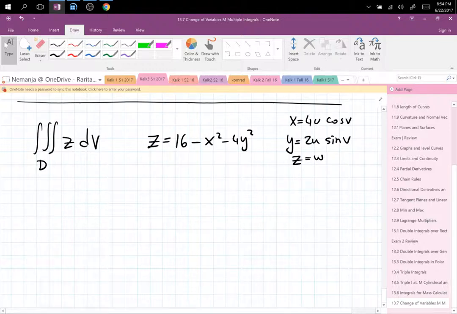That sine or cosine disappeared, just sine squared, whatever. And then 4 squared is 16.